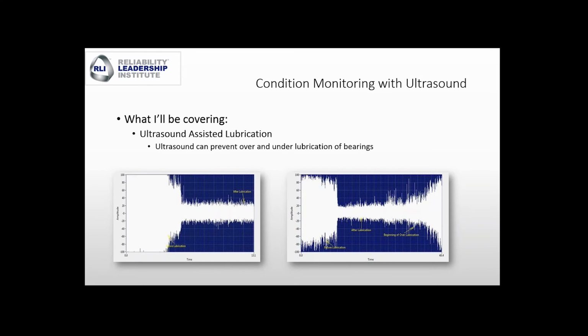It's a really good procedure that just gives you some best practices so you can be consistent about how you should use ultrasound for bearing lubrication. It's really become a big application for the technology, and aside from compressed air and gas leak detection, it's probably the easiest application that you can use ultrasound for.